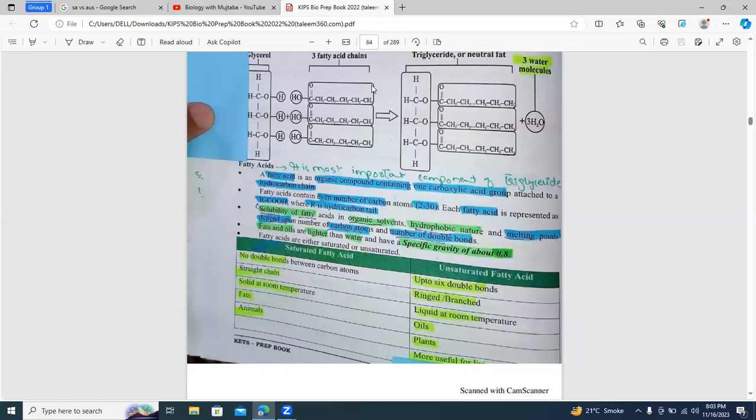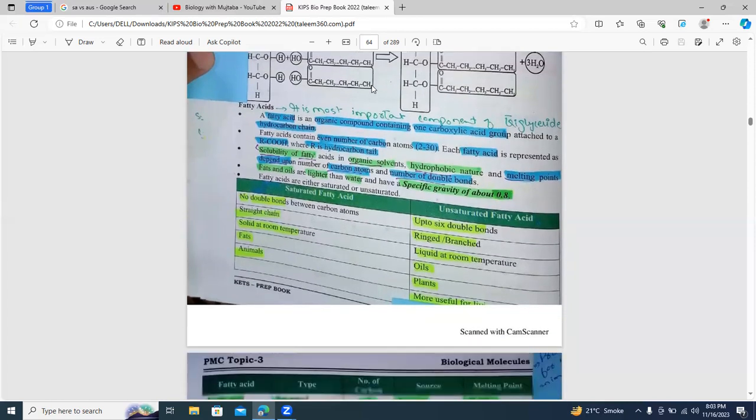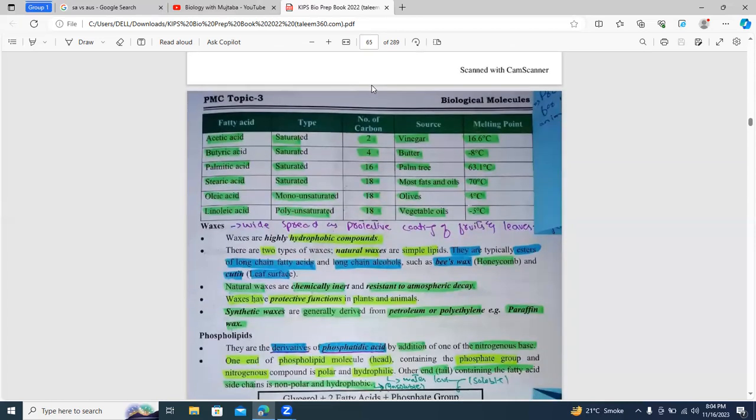Saturated fatty acids mainly make up the LDL cholesterol, which is the unhealthy fat. However, HDL, which is high density cholesterol, is good for the body, and unsaturated fatty acids mainly make up the HDL cholesterol.